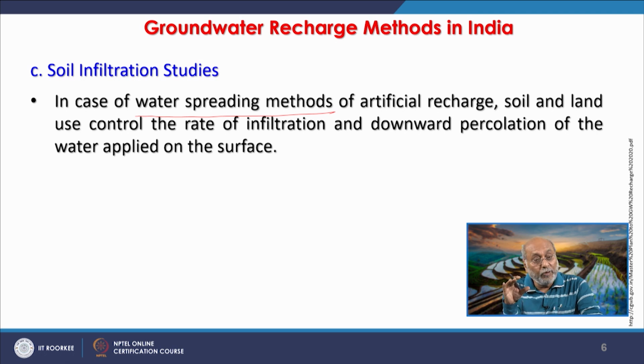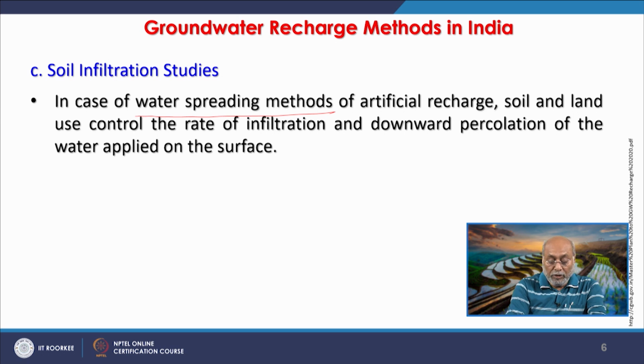If it is clay soil, then it is not going to infiltrate water significantly. If it is sandy soil, of course, it is going to infiltrate a lot of water. So, that means information about the soil and about the land. Land here also means the slopes, and land also means the geology. But specific to geology, that discussion will come a little later.